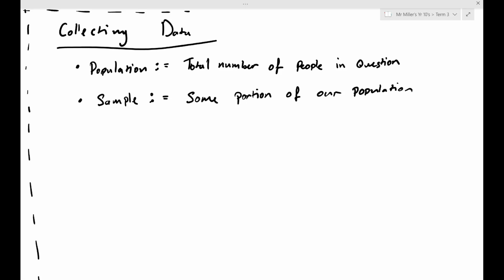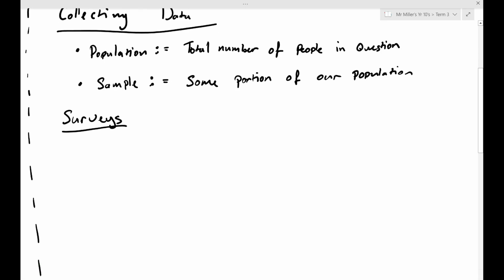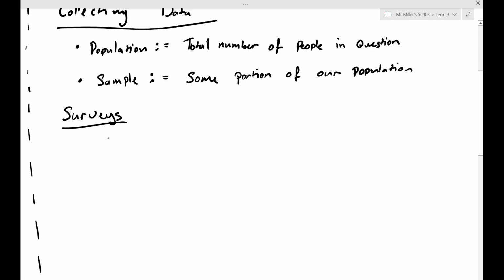I can just pull out a sample and survey the sample, right? So speaking of surveys, we'll just have a quick little subheading down here, surveys. We can have census surveys and sample surveys.